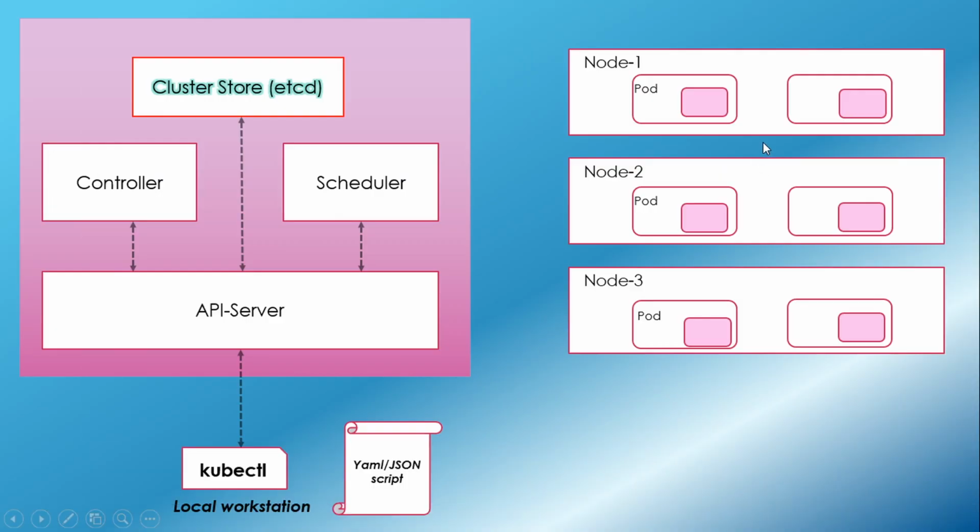In each node we have the Docker daemon. Here the kubelet will take care of that request: let me do my job. Then the kubelet takes care of that manifest file and asks the Docker daemon to run the image.